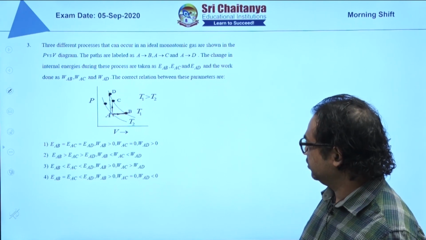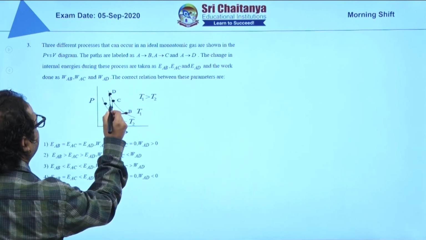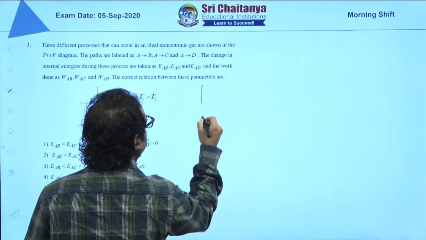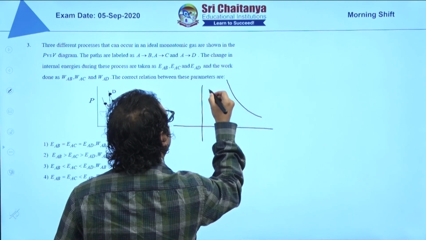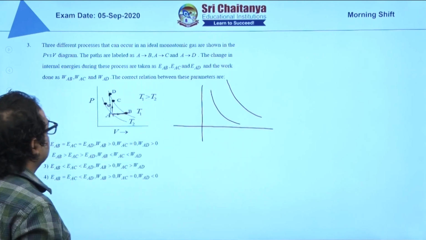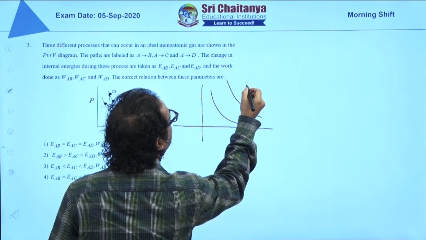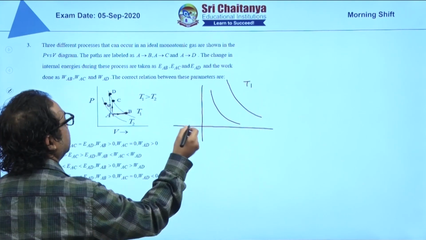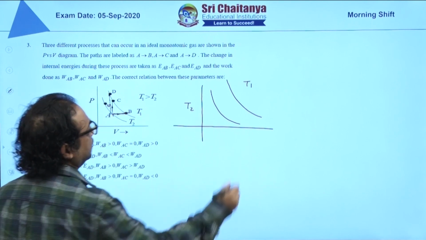What is the relation? You can see that here it is looking straight, but actually the diagram is like this. So these are your two isothermal lines. Here the temperature given is T1, here the temperature given is T2, and T1 is greater than T2.